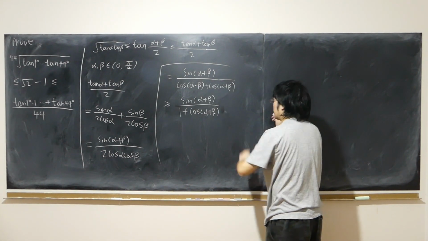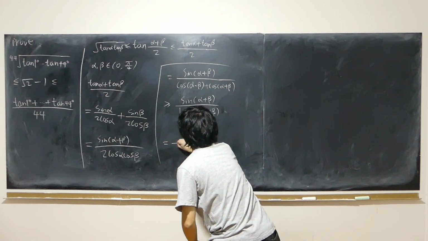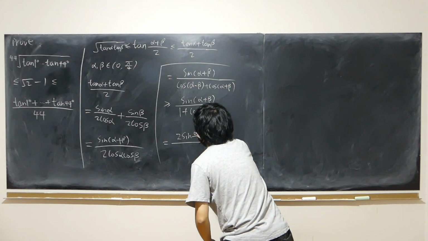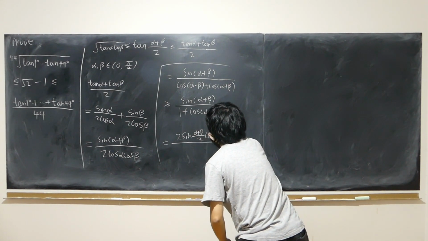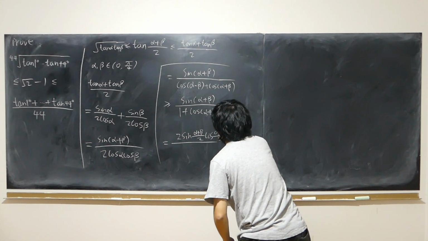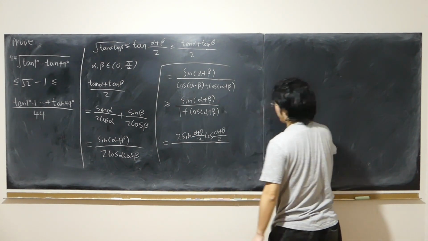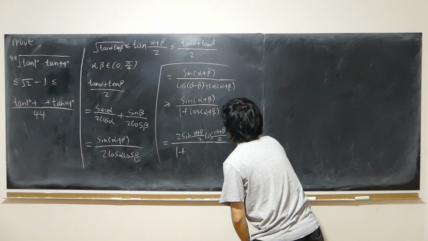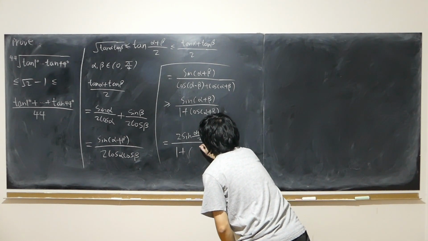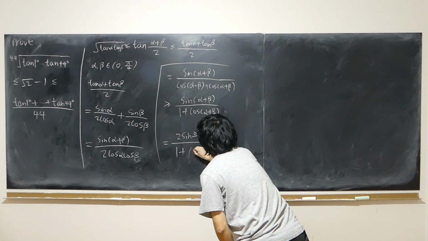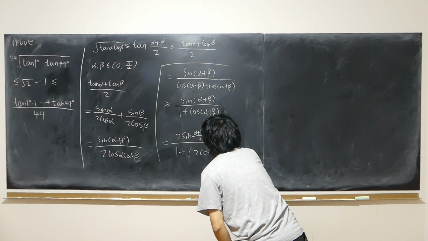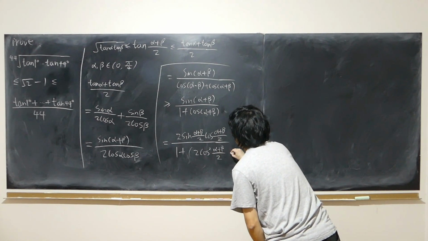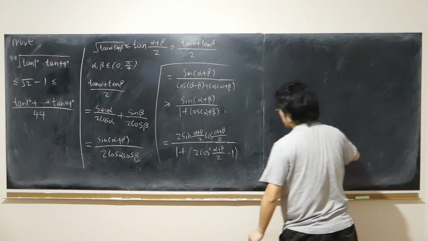So sine alpha plus beta, we can use the double angle formula: twice of sine half of alpha plus beta times cosine half of alpha plus beta. The bottom we have again the double angle formula. Cosine equals twice of cosine square half of alpha plus beta, then minus 1. Right?